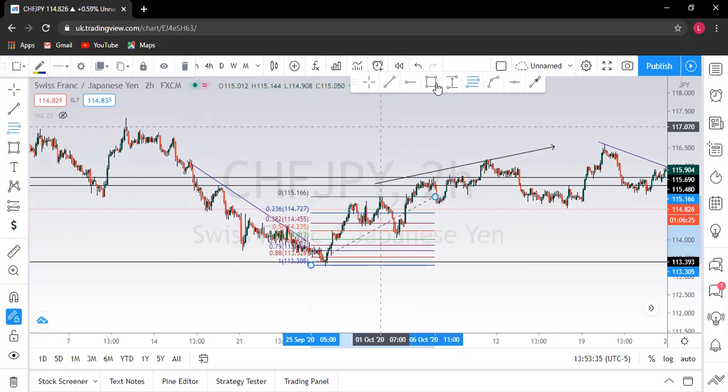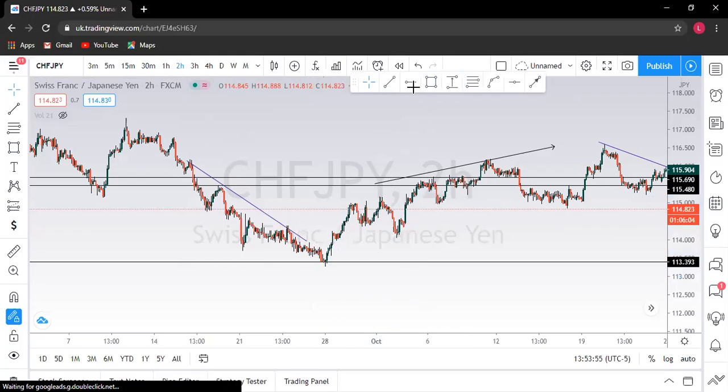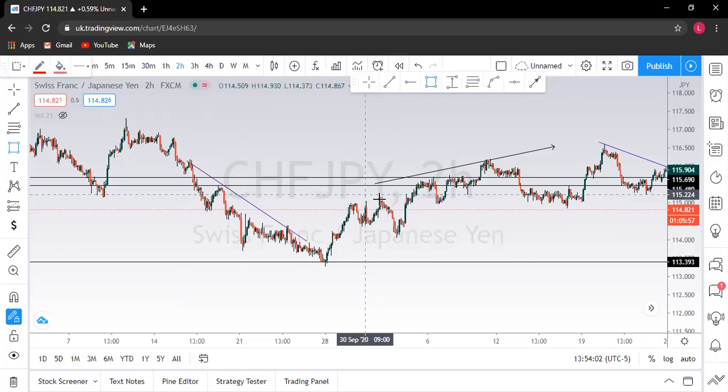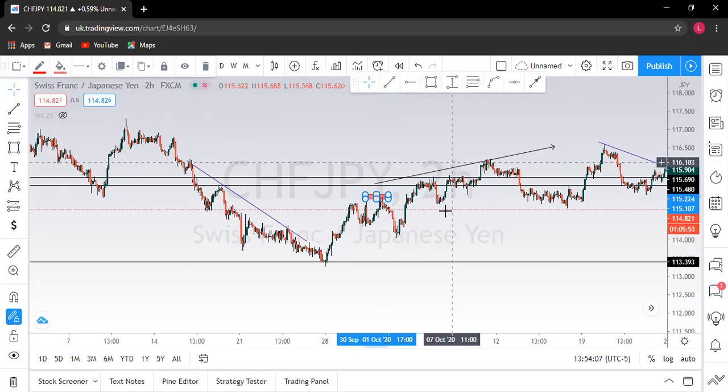Let me delete my Fibonacci because I want to show you something. Let's assume that this is where the market is presently, and you know the market is going to fall, and you want to take advantage of it.